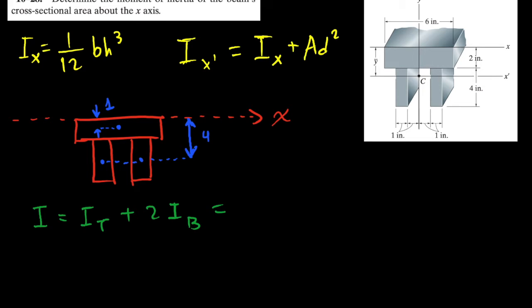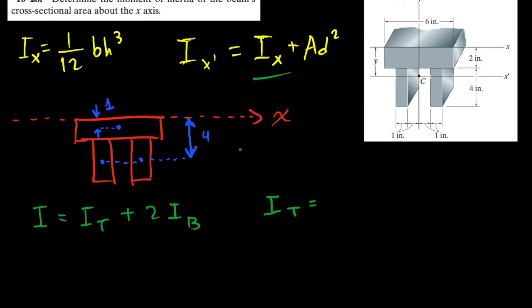Let me erase this equal sign so that it's more obvious what I'm doing. So now we're calculating the moment of inertia contribution of this top rectangle here, shown by the I sub t. So we said we need to utilize the parallel axis theorem.